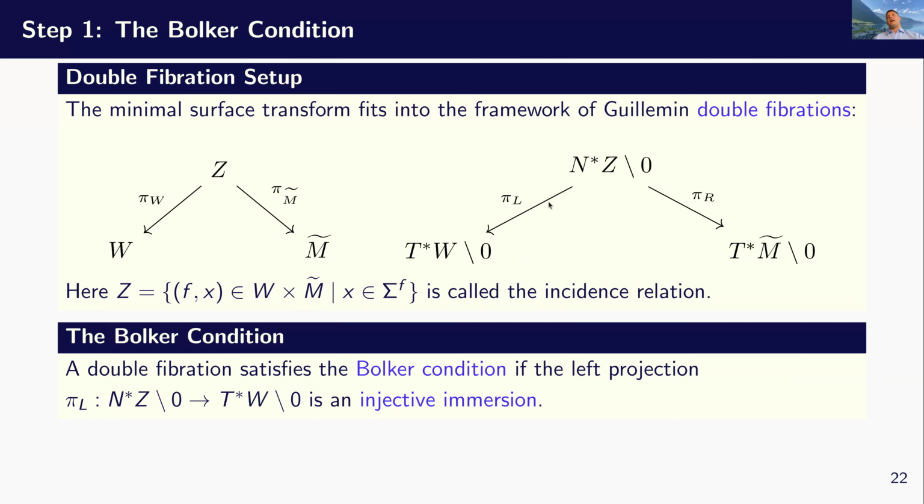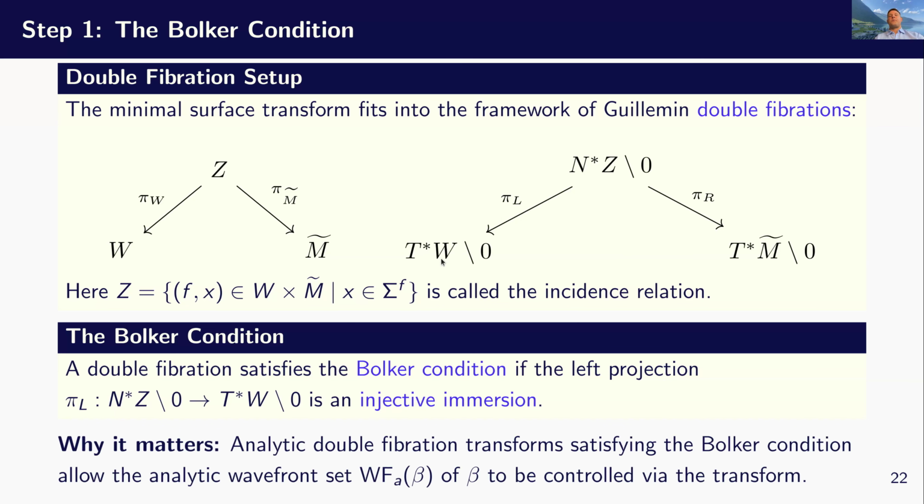It means that you can parameterize the elements in the conormal bundle of Z by the elements of the cotangent bundle of your parameter space. And why does it matter? This is the crux. When you have an analytic double fibration and it satisfies the Bolker condition, then you can control the analytic wavefront set of your transformed function beta by the transformation. So we want to get to the setup of a double fibration satisfying the Bolker condition.